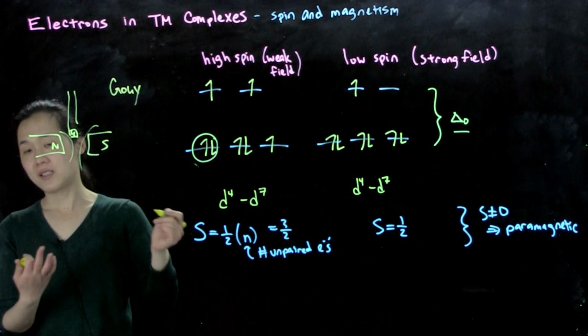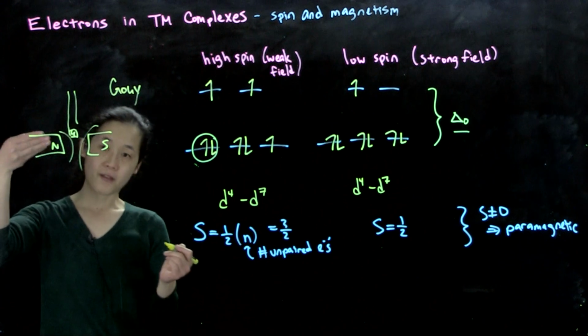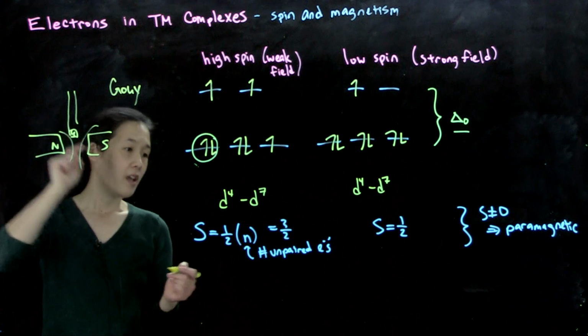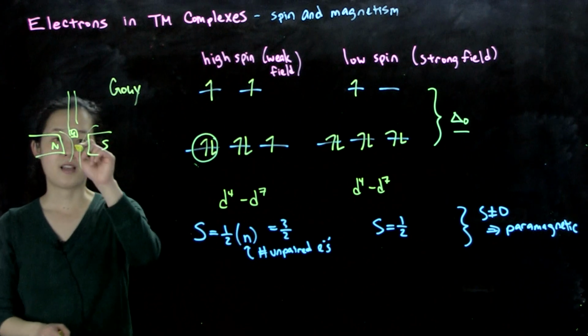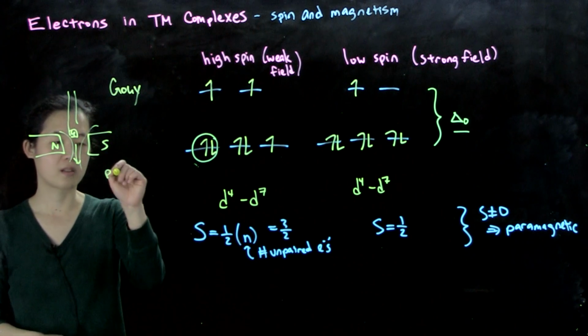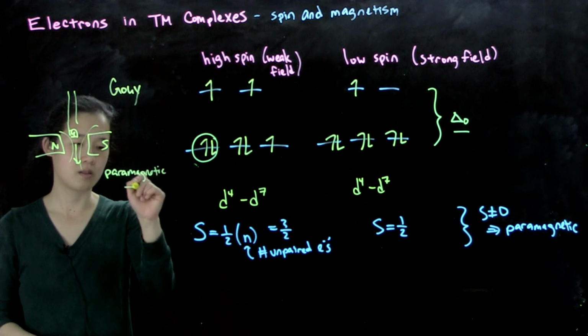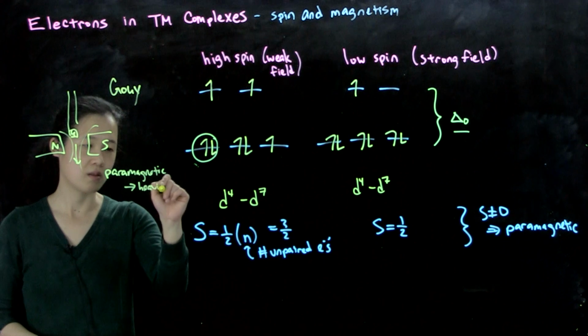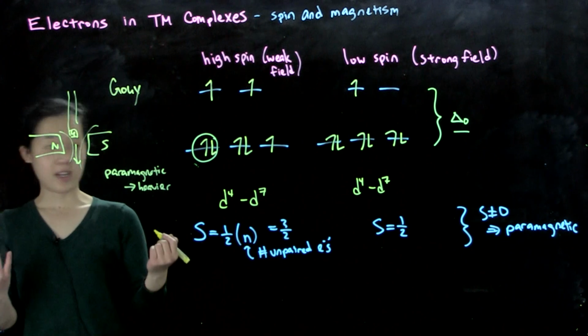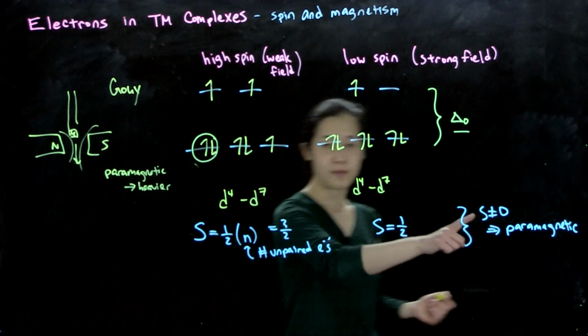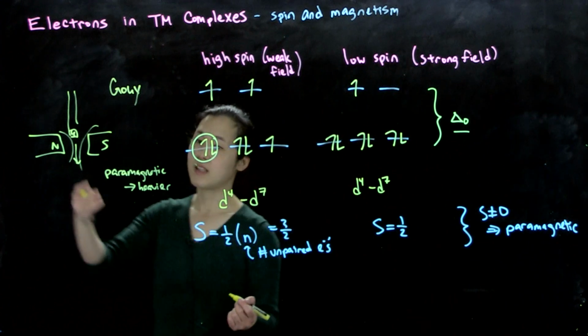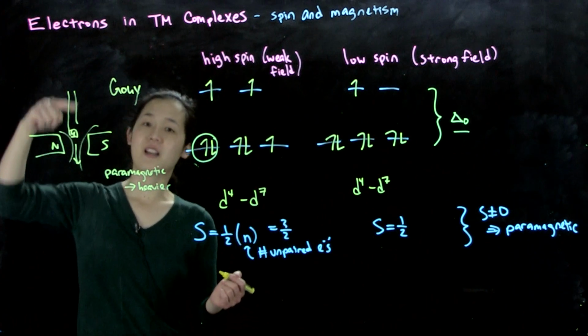There are other ways to measure magnetism also. But basically, if you apply a magnetic field and you try to measure the weight of a sample, if it's paramagnetic, it's going to get heavier. If you're diamagnetic, if all your electrons are paired, so your spin is 0, then in the magnetic field, you'll get a little bit lighter.